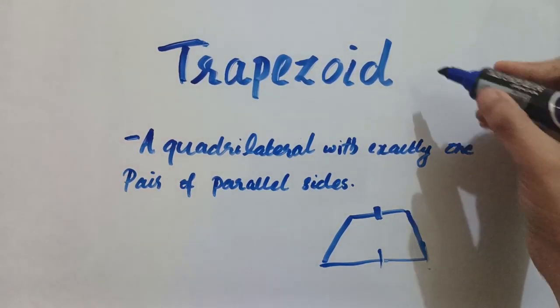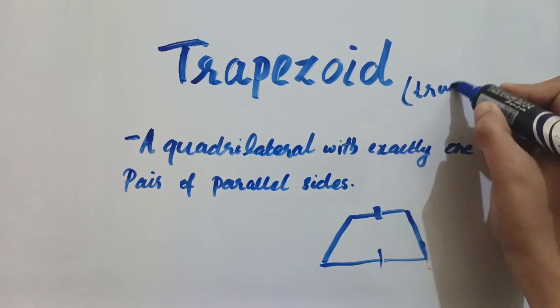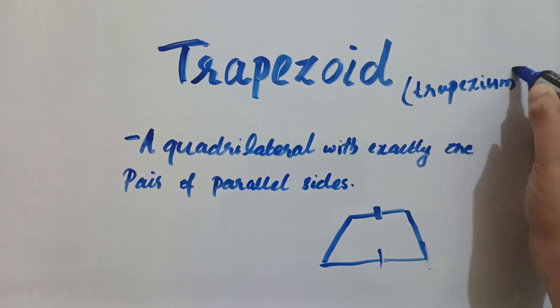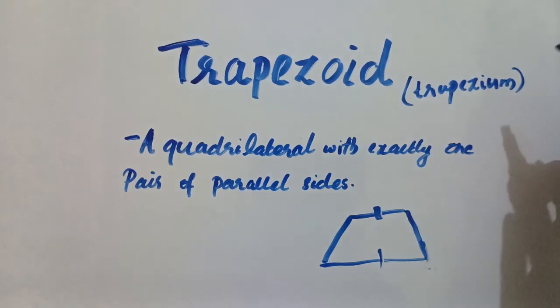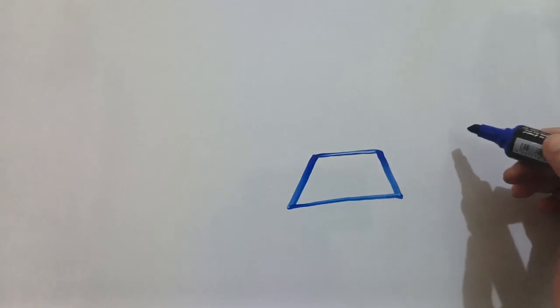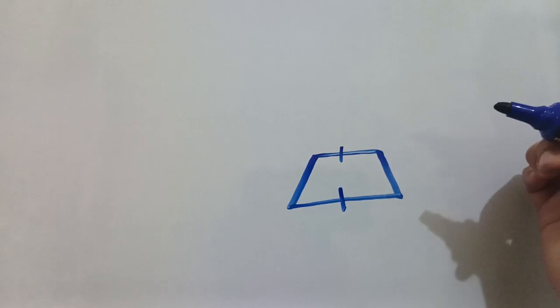Usually we call a trapezoid a trapezium. We are a little bit confused by this name. In India and Britain we say trapezium. Here in this trapezoid or trapezium, these two sides are parallel.